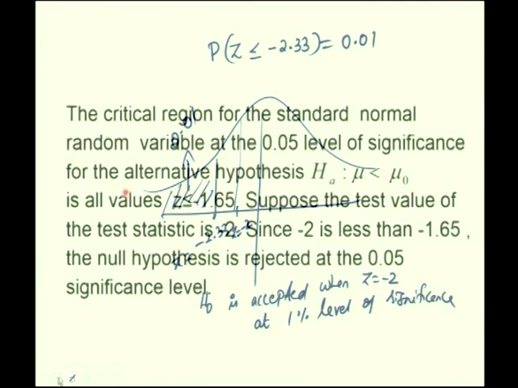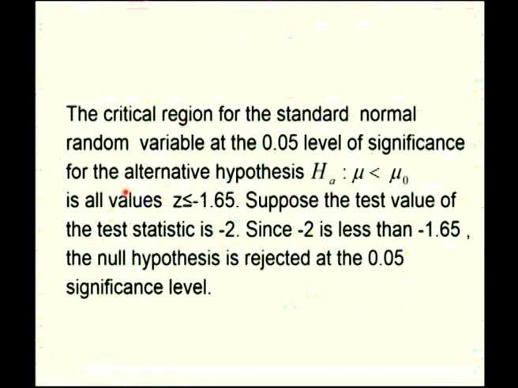The explanation goes like that: the critical region for the standard normal random variable at the 0.05 level of significance for the alternative hypothesis HA, mu less than mu naught, is all values Z less than or equal to minus 1.65, and as shown in the diagram, -2 is less than minus 1.65, therefore the null hypothesis is rejected at the 0.05 significance level.